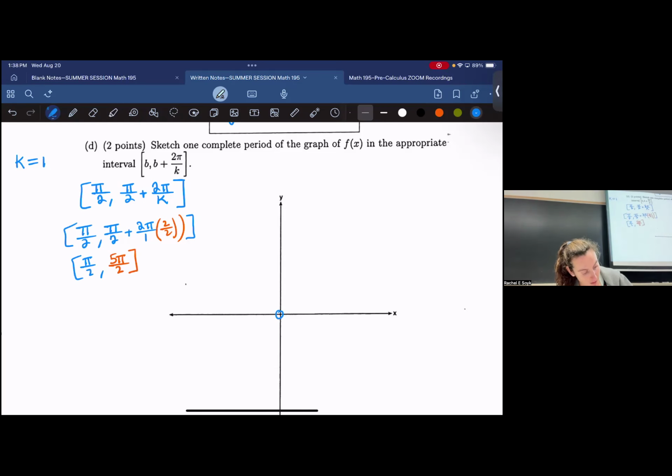So let's plot this. I'm going to put in pi over 2, pi. I'll go up in increments of 1/2 pi. So pi over 2, pi, 3 pi over 2, 4 pi over 2 is the same as just 2 pi, and then we have our 5 pi over 2.